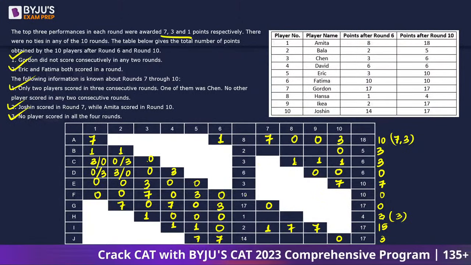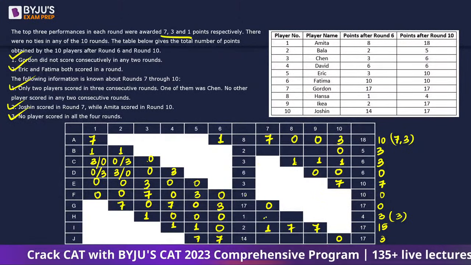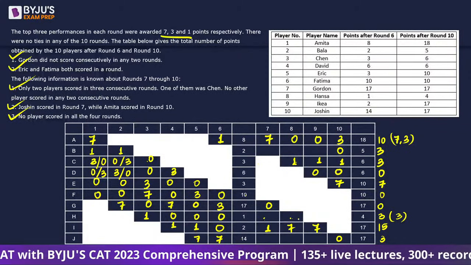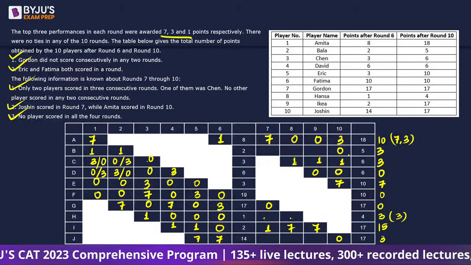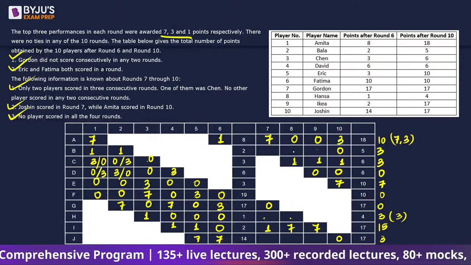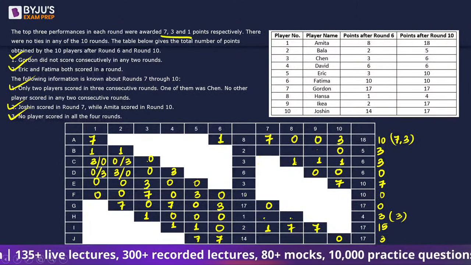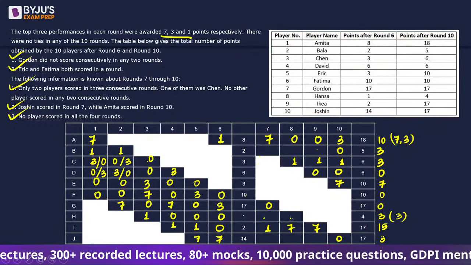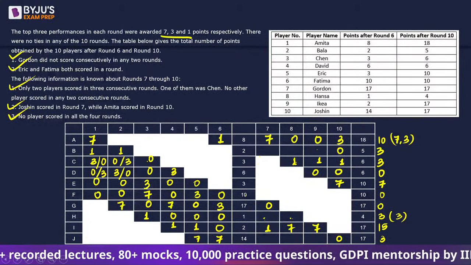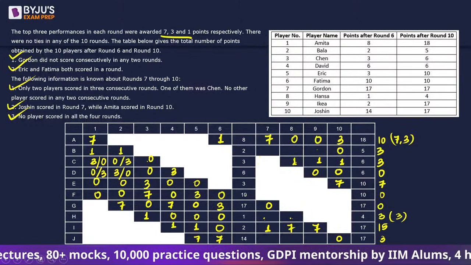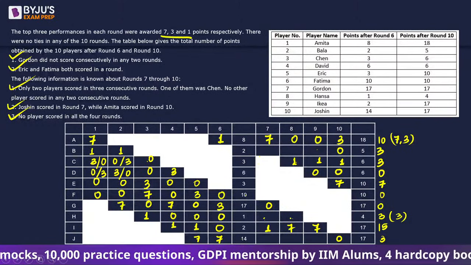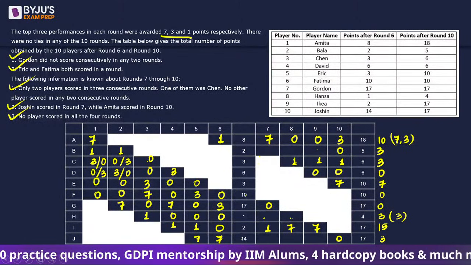Now we need to put a 3. 3 can go in any of these 2. This 3 can go in any of these 3. That 3 can go in any of this. Okay, how should we place it?